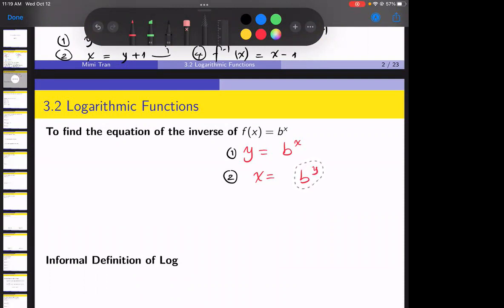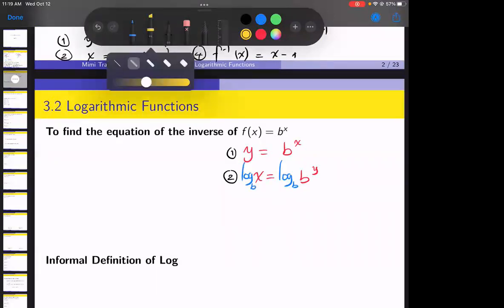Luckily, there's a function called log. It allows you to untangle the exponential function. So I take log of both sides, log base b. You know how you take the square root of both sides? The same thing, you apply log base b. And because log and b to the y are inverse functions, they cancel.